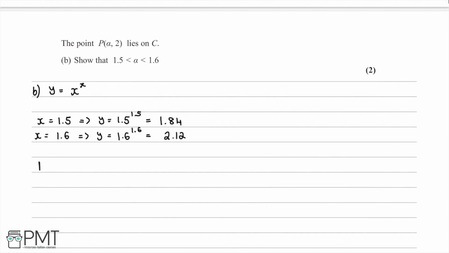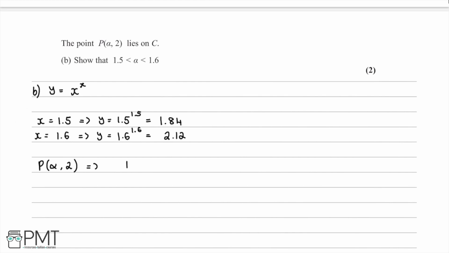So for the point P, which has coordinates alpha, 2, we have that our y values when x is equal to 1.5 and 1.6 are 1.84, which is less than 2, and 2.12, so our y value when x is 1.6 is going to be greater than 2.